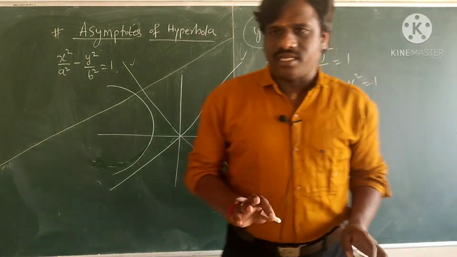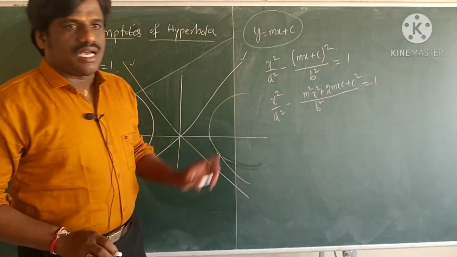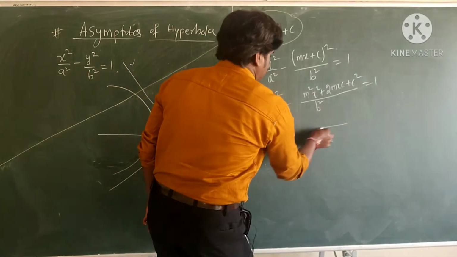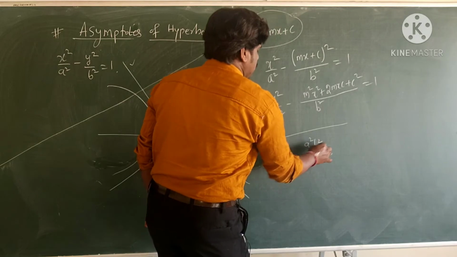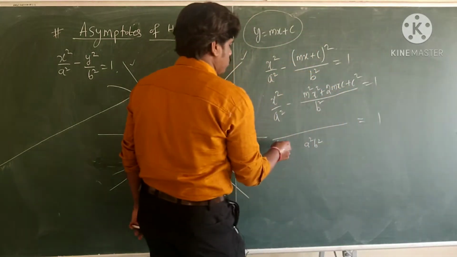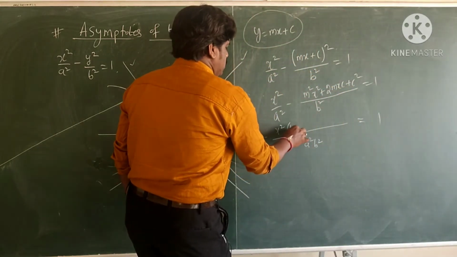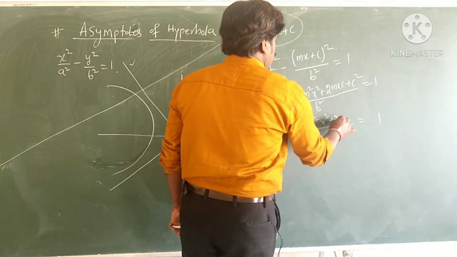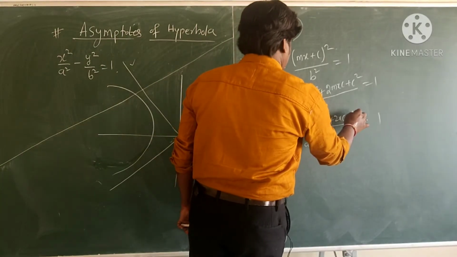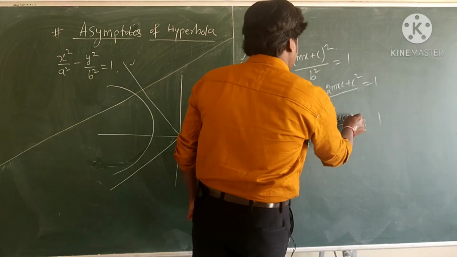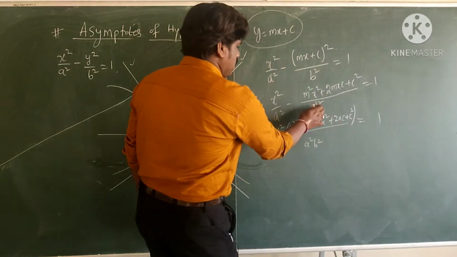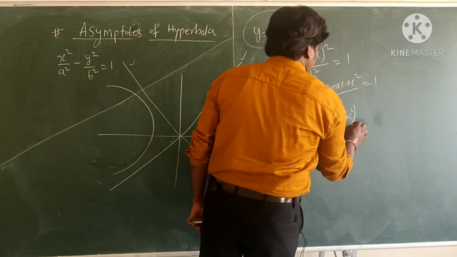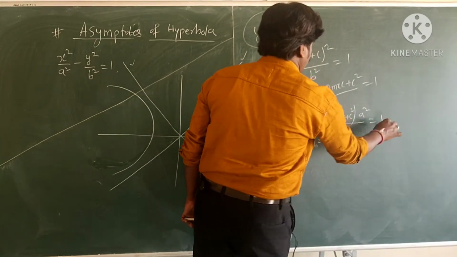If you want this answer directly I will tell, but if you don't want, I will explain this completely. So take a square b square LCM, and you get 1. So you get x square into b square minus (m square x square plus 2mxc plus c square), b square cancels, a square multiplies this, LCM is equal to 1.